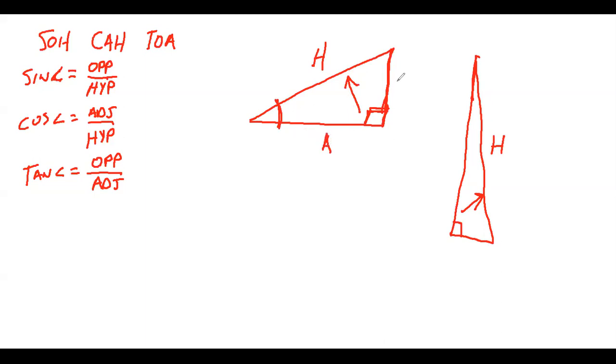And that leaves this opposite, correct? What does adjacent mean? Next to. So let's look at this angle now on this triangle. Where's your opposite and adjacent? Distance on the left.